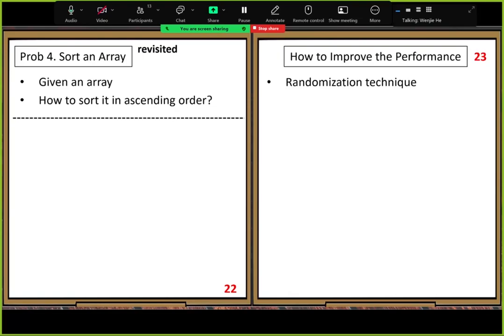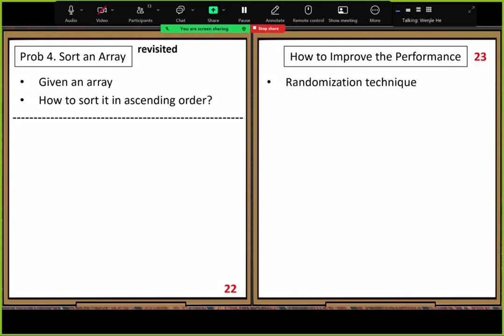But then data in ascending or descending order would make your partition algorithm perform very poorly. So you want to avoid that.